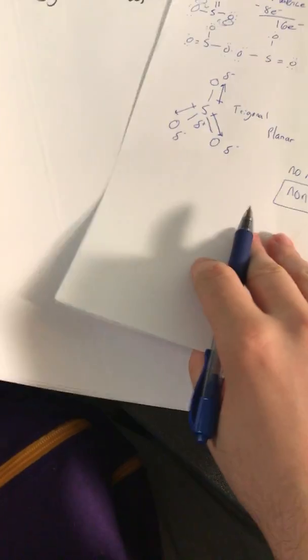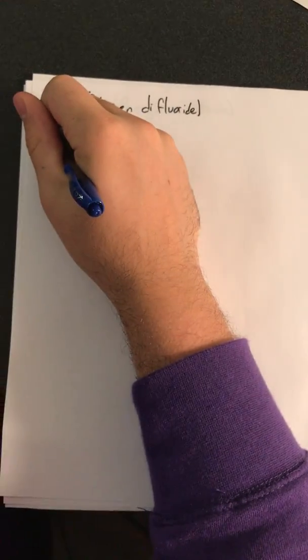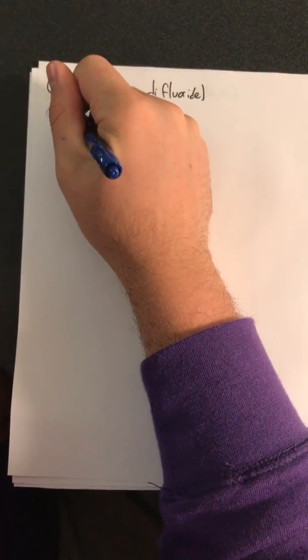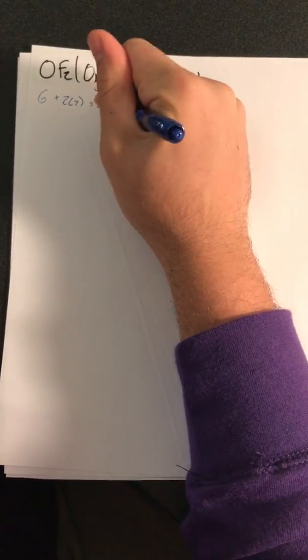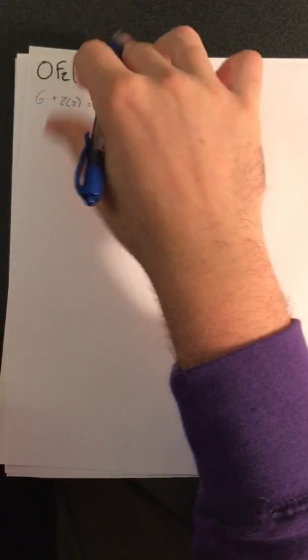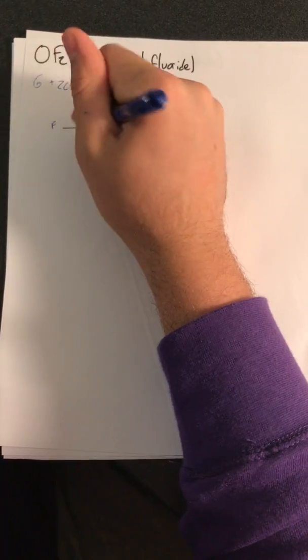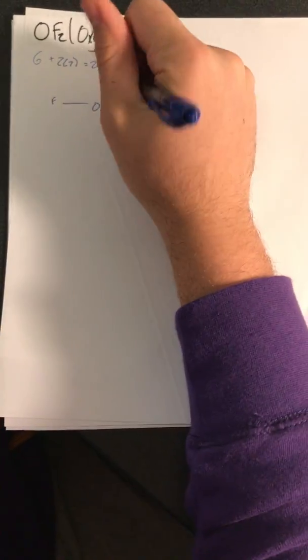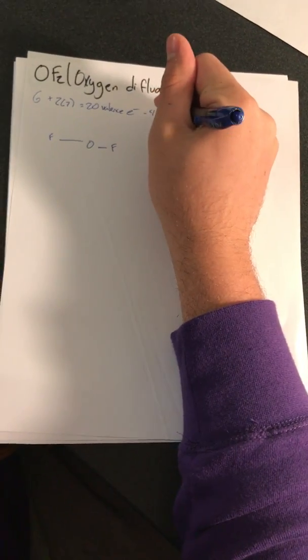So, next we have oxygen difluoride. So, we find the number of valence electrons. Fluorine has 7, which yields 20 valence electrons. And then we go to draw our Lewis structure. And so we've just used 4 electrons.